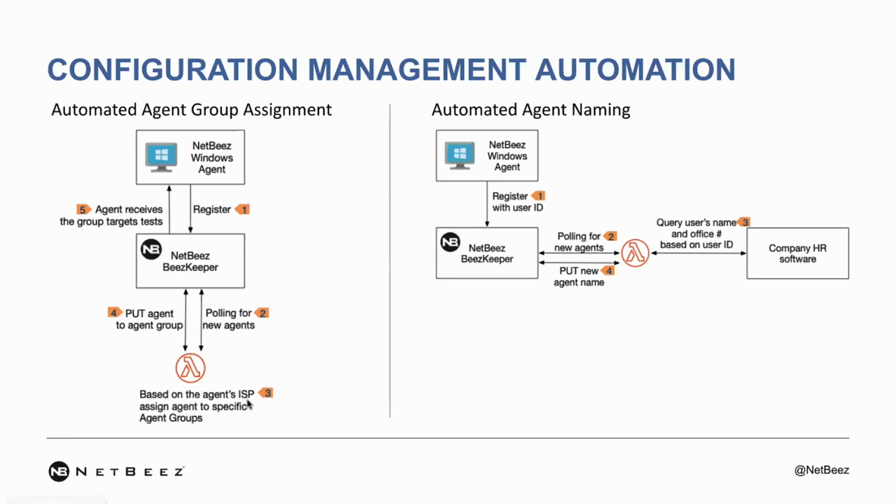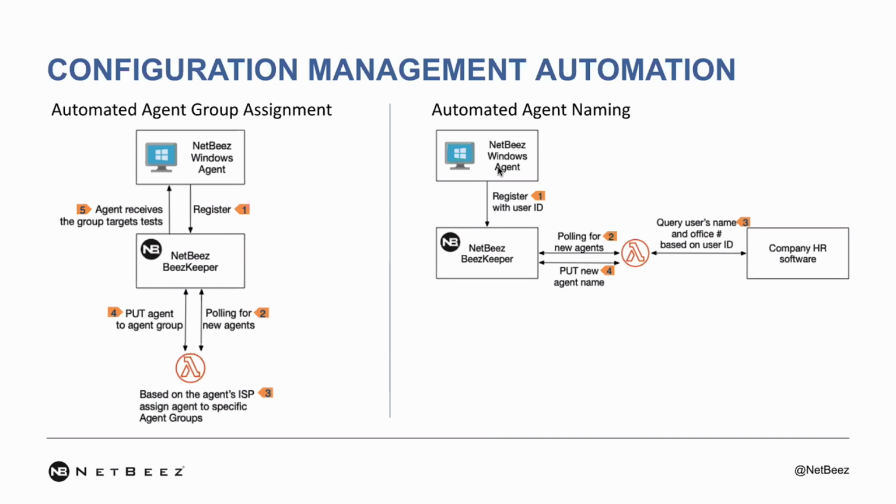The Lambda function would decide which agent groups to assign, and it would do a PUT request to the API, and the Beekeeper would automatically generate those tests for the targets and push them to the agent to start monitoring. So without you having to do anything, as soon as an agent registers to your dashboard, it can immediately start monitoring targets.